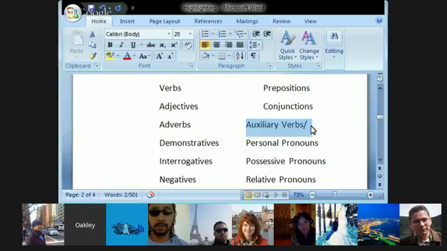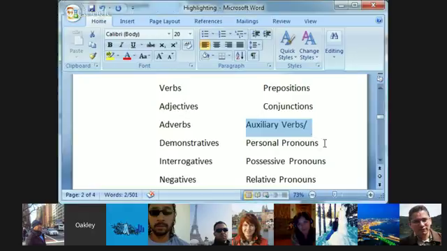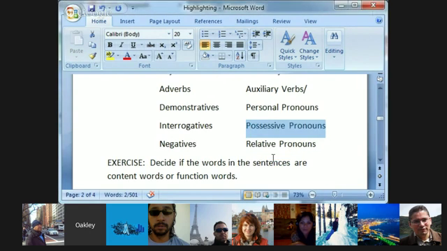These are very obviously reduced into contractions. Again, personal pronouns: he, she, it, they. Possessive pronouns: her, his, its. And even relative pronouns, which are, well, sometimes interrogative, so you have to be careful.